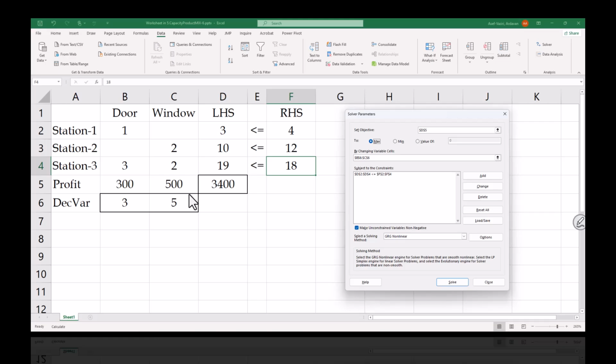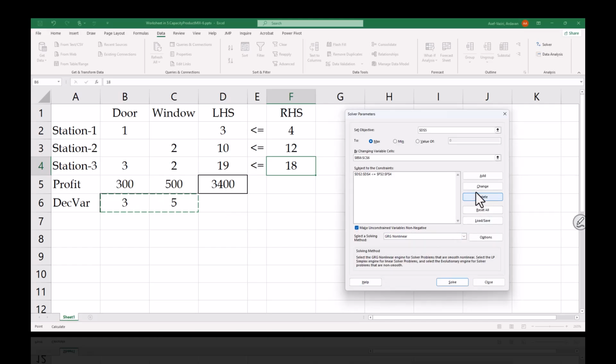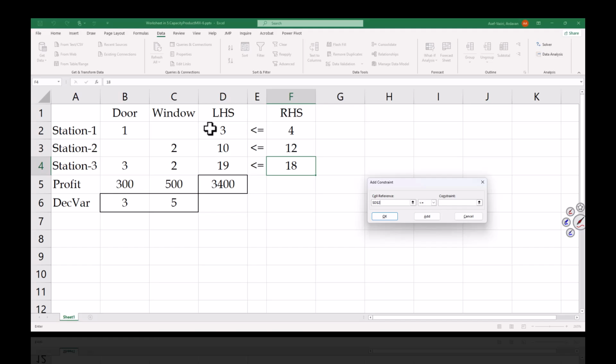Maximize this by changing my decision variables, which are here, and then by having this one less than or equal to this one, and by having this one less than or equal to this one, and by having this one less than or equal to this one.